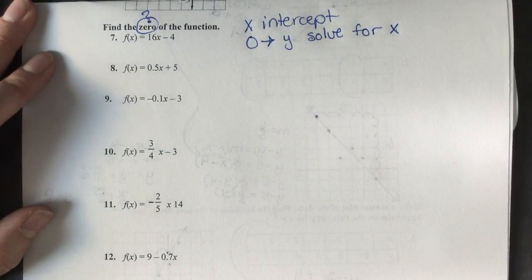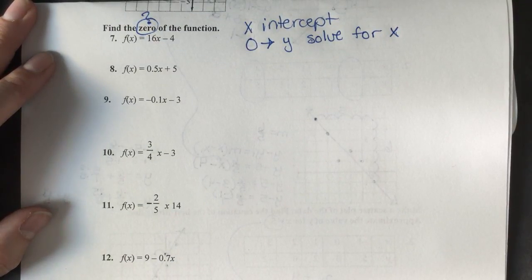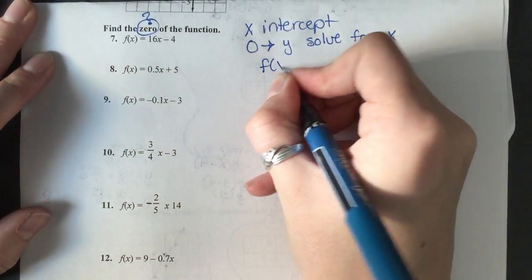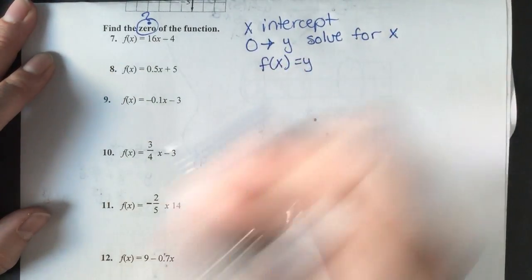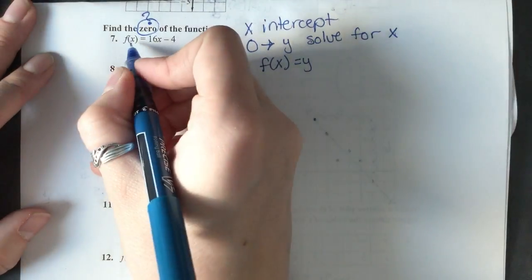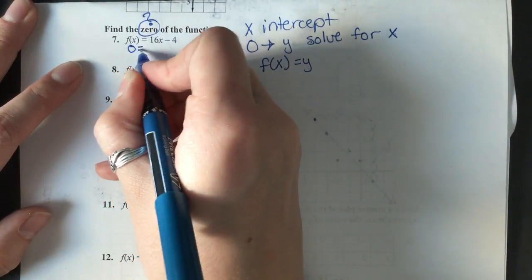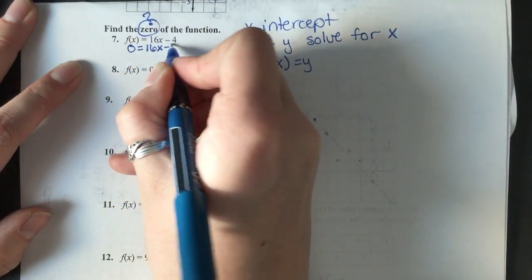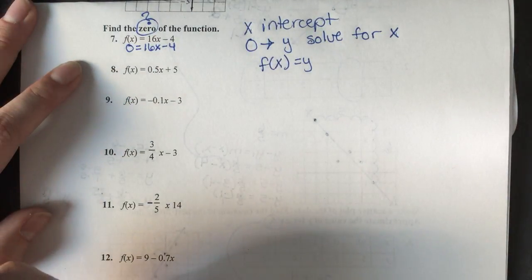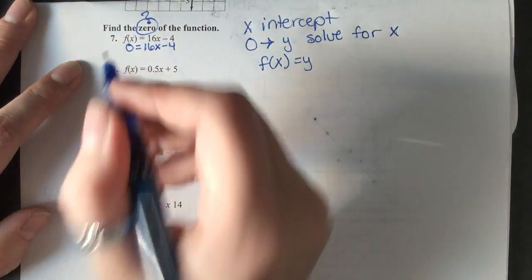Wait a minute. None of these have y's. f of x is equal to y, remember? Okay, so we put 0 in for f of x, 16x minus 4, and solve for x.